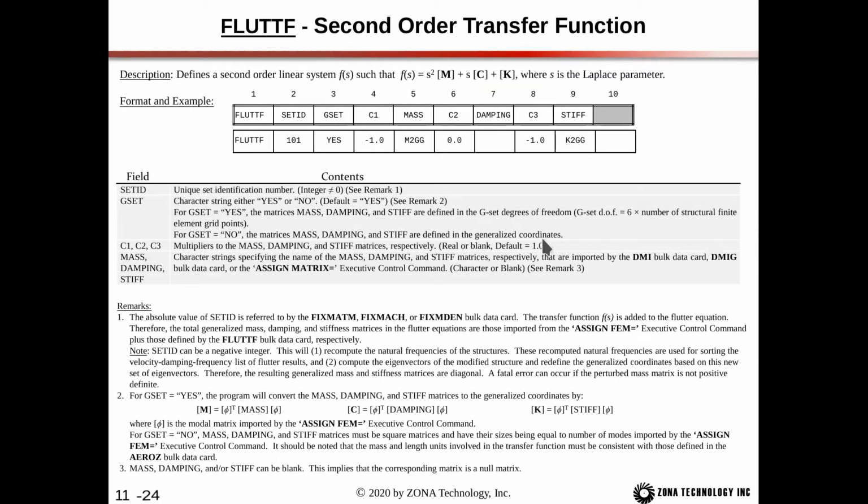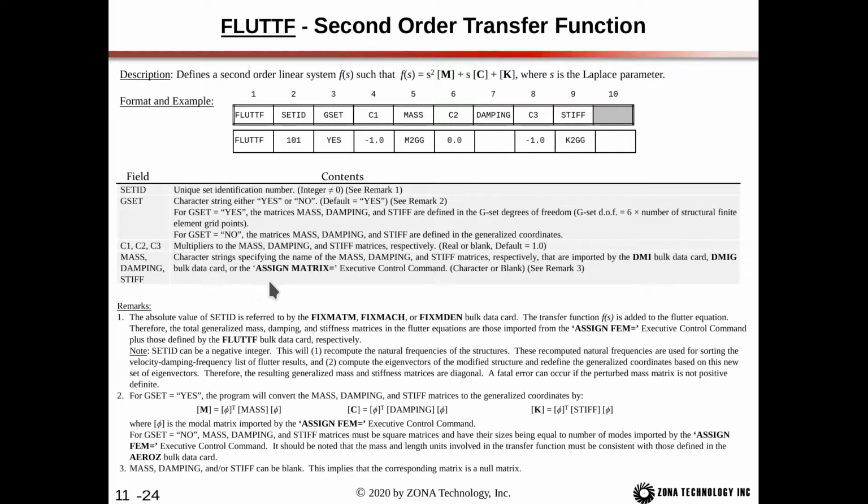Internally, if gset equals yes, ZEUS will pre and post multiply by the phi matrix to convert the gset matrices to the h-set matrices. Next, we have C1, C2, and C3, which are multipliers to the mass, damping, and stiff matrices, and the default is 1. And then lastly, we have mass, damping, and stiff, which are character strings.